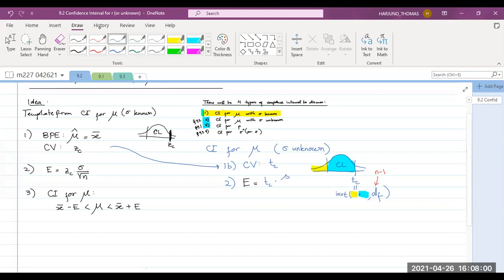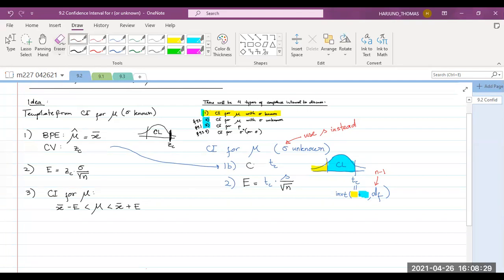So if the population standard deviation is unknown, we will use sample standard deviation in place of population standard deviation, divided by square root of the sample size. Okay, those are the only things that change.